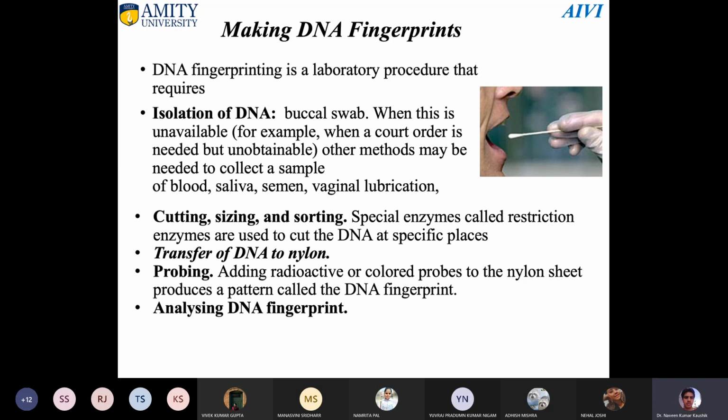Also you need to keep it at a lower temperature, because a higher temperature can speed up the degradation of your DNA. Okay, so what this slide is showing: DNA fingerprinting is a laboratory process that requires DNA isolation. Before DNA isolation, an important task is sample or specimen collection. How to collect your specimen, we mentioned, is all such simple things.